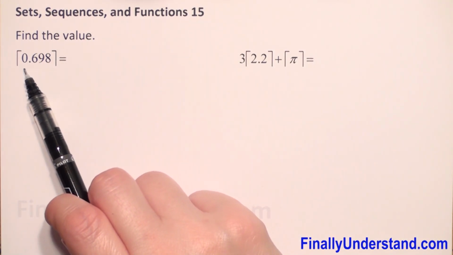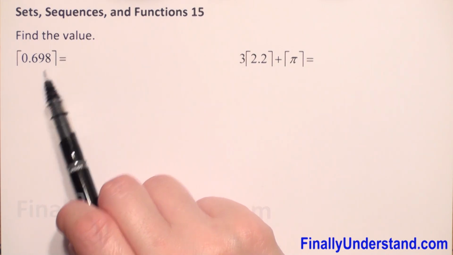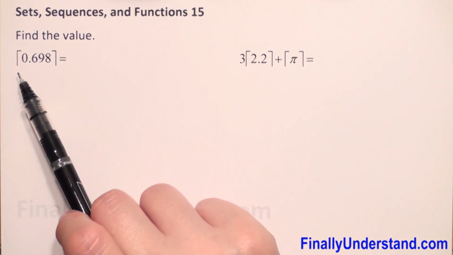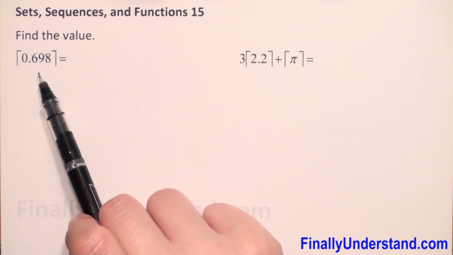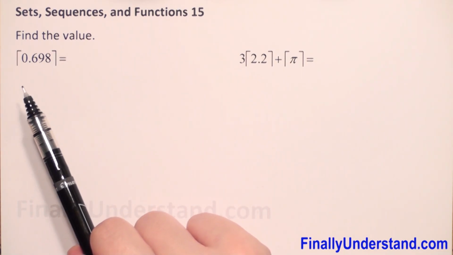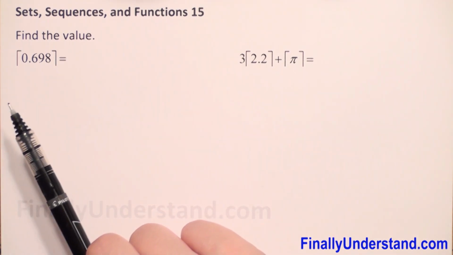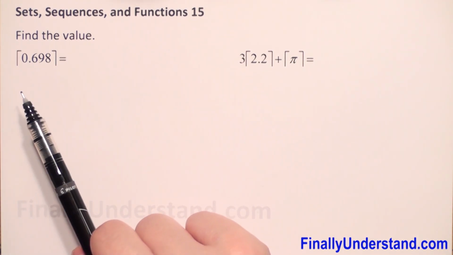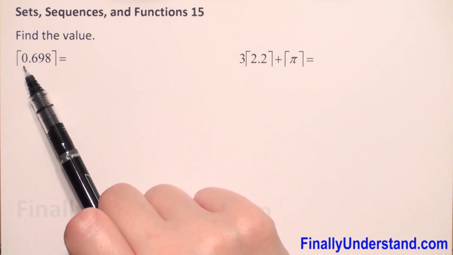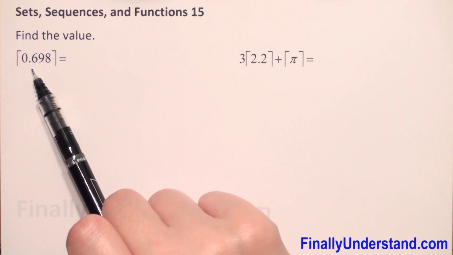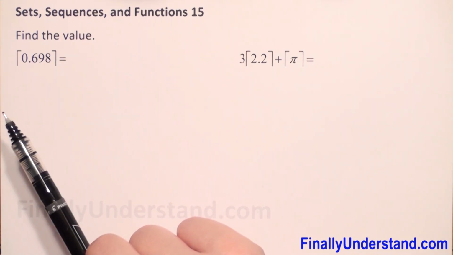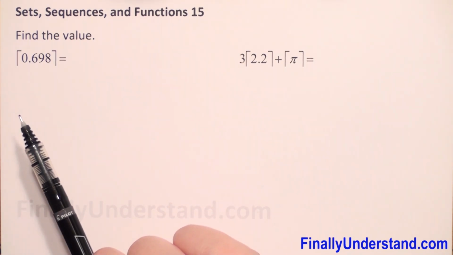In the first expression, we have 0.698. Let me remind you, when we have brackets like this, we have to find the ceiling of this number. The ceiling of a number is the smallest integer that is at least as big as this number. This number isn't an integer, because integers are the whole numbers, including 0 and negative values.